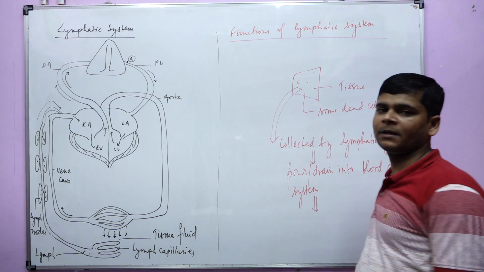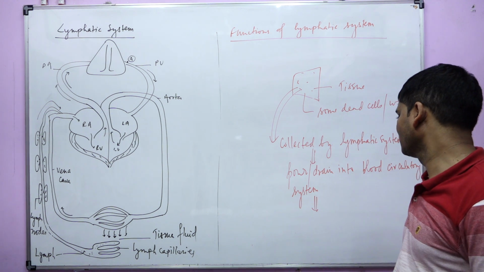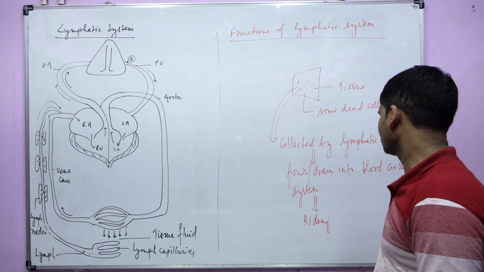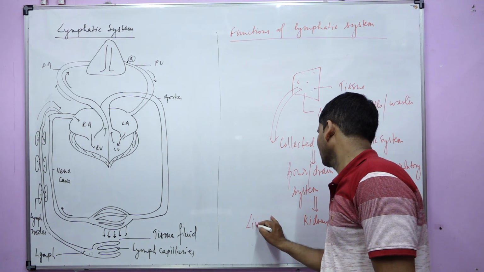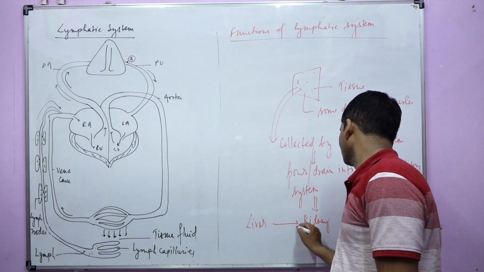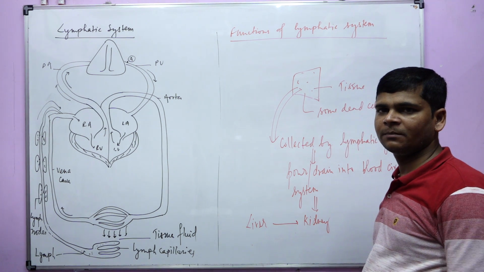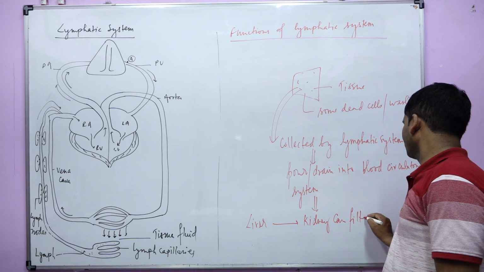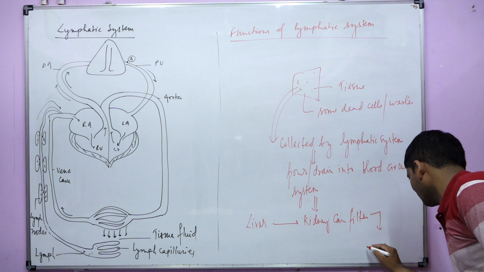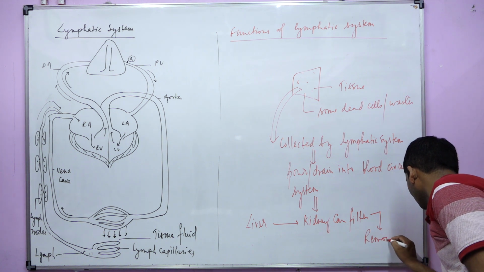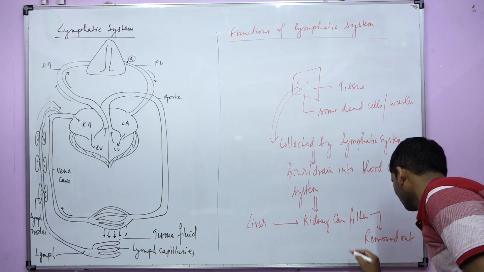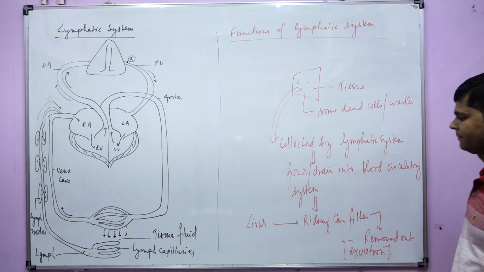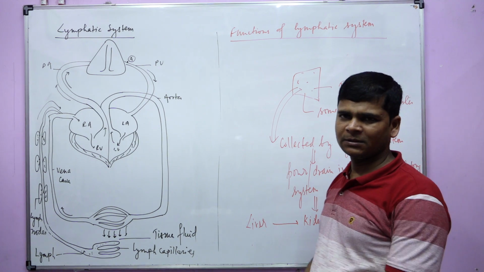And once they are drained into blood circulatory system, then our main organs, first liver, will break down those waste materials into simpler ones, so that kidney can filter, and then it is removed out of our body. So the process will be called excretion. So these are the main functions that we study.